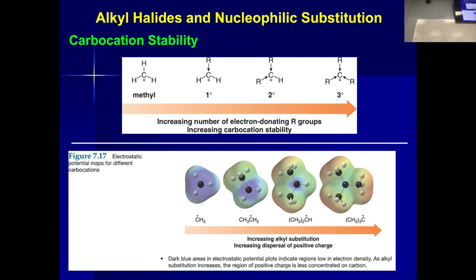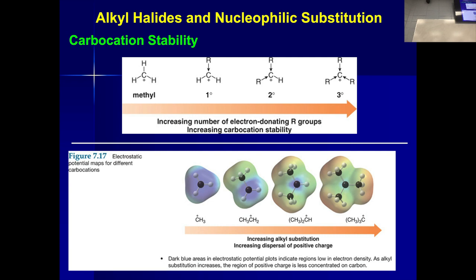Okay? And we can see that in these plots. The more blue that you see on the carbon atom, the more positive it is, the more positive charge. There's a lot of blue on a methyl carbocation. There's quite a bit of blue on a primary carbocation. There's quite a bit of blue still on a secondary carbocation, but your tertiary carbocations, not so blue.